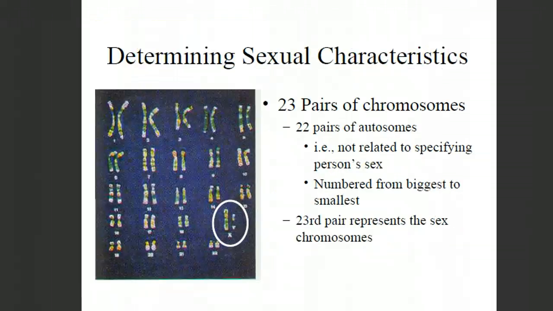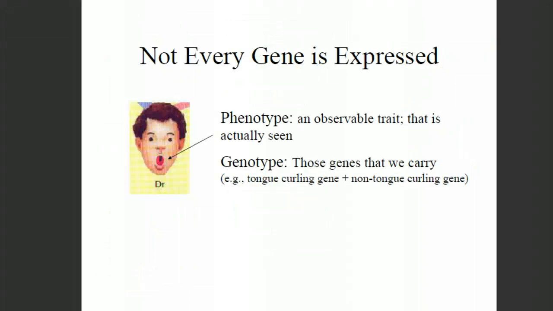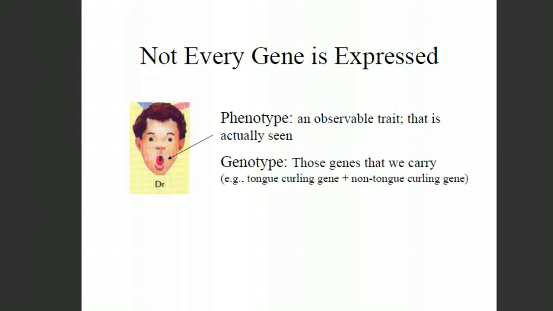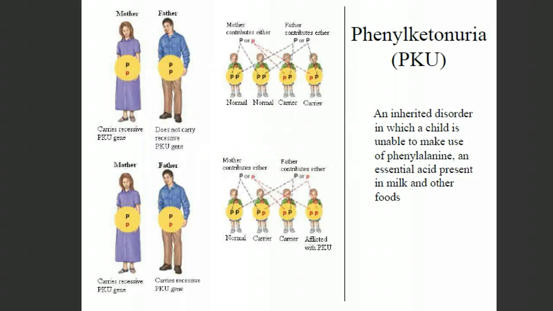I hope that you found this helpful. So again, we talked about inheritance of genes and how it works out: dominant genes, recessive genes, phenotype, genotype. We also talked about heterozygous and homozygous. Heterozygous meaning different instructions, homozygous means same.